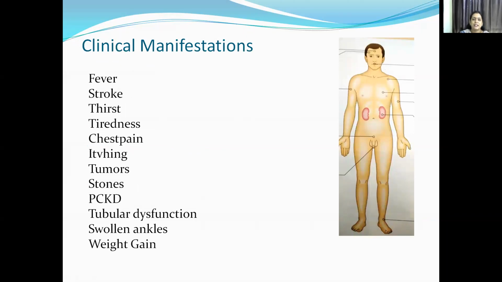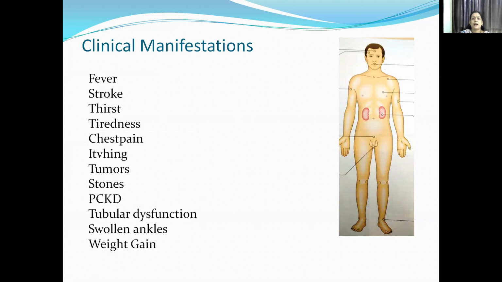Usually, if there is an infection, whether in the urinary system, in the kidney, ureter, urinary bladder, or any other place in the body, it will cause fever. Then if there is any problem in the filtration, that may cause infarction, and then there can be a stroke.